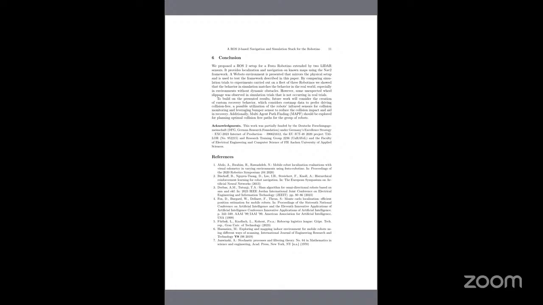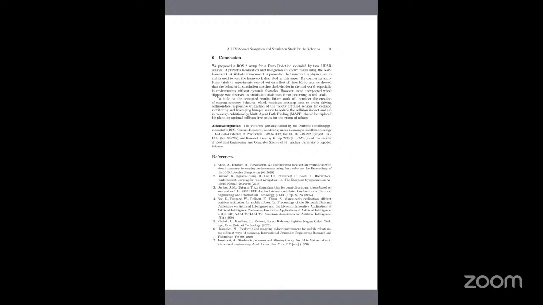But in the simulation, they found wheel slip, only in simulation. It was not there in the real Robotino. So that represents that the simulation physics was not correct, and they need to improve the simulation physics more.